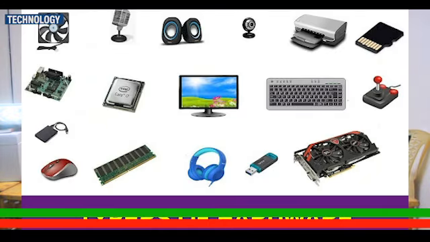Hardware are physical parts of the computer, parts that you can touch. Tangible parts of the computer are called hardware. Mainly we have hardware things like monitor, keyboard, mouse, CPU, which is the central processing unit, the brain of the computer.